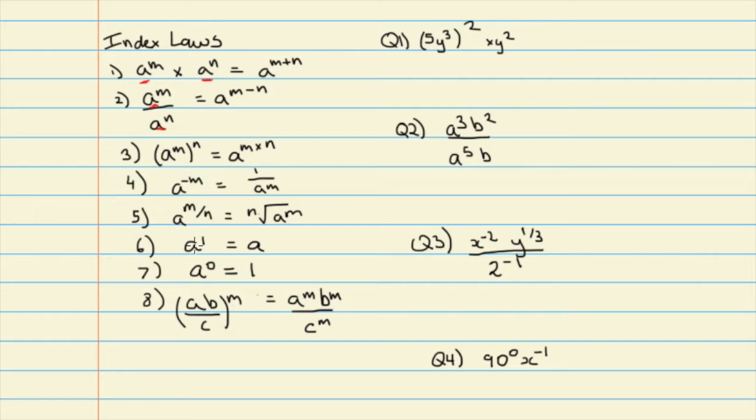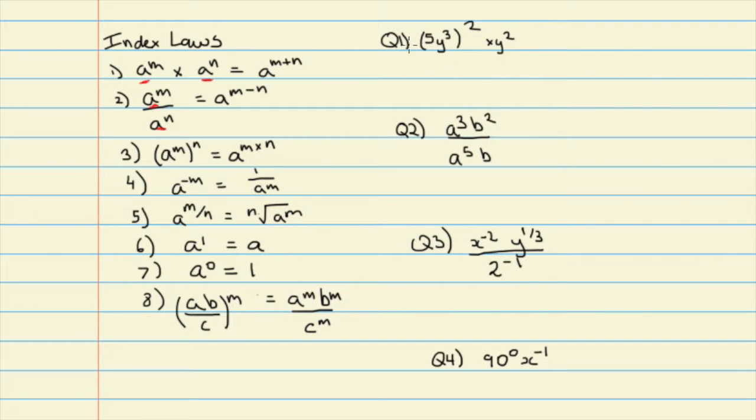Next up, anything to the power of 1 is just that same number, and anything to the power of 0 is 1. Finally, if you have anything inside a bracket like that, and you have all that raised to an exponent, what you do is you distribute that through each term.